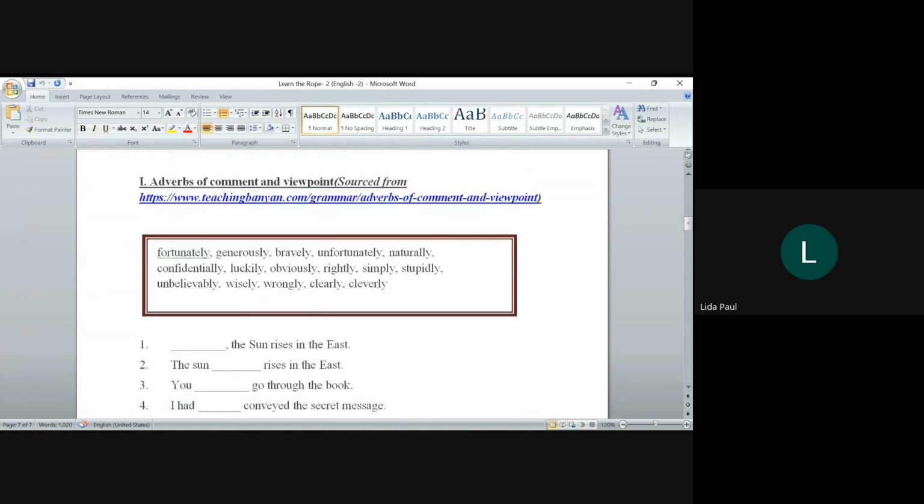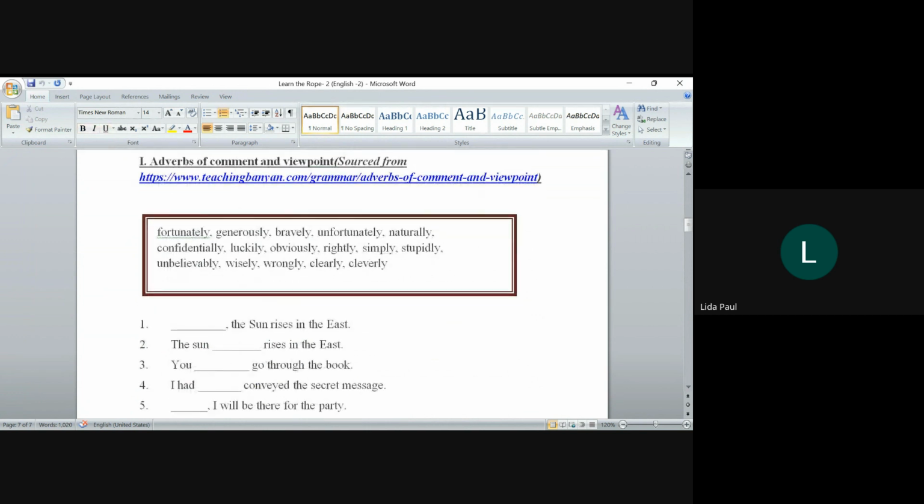What I rather want to talk to you in detail is basically the comment adverb, viewpoint adverb, and also the focus. Okay. If we don't get time to cover the focus today, we'll take it for the next class. But let's talk about comment and viewpoint adverbs.